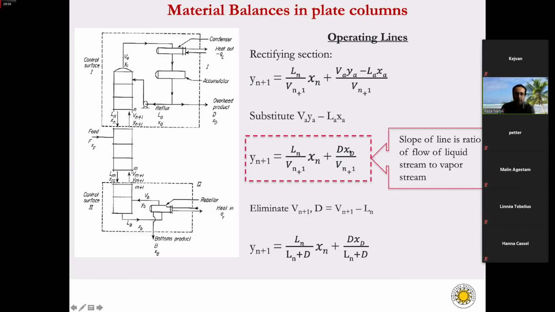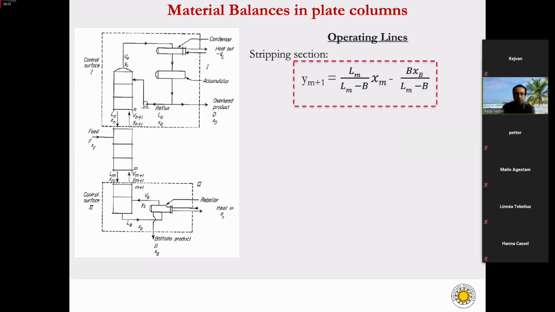Similarly, if you eliminate Vn plus 1 and write in terms of the flow rates, Ln over Ln plus D, or L over L plus D, gives you the slope of the operating line for the rectifying section, and D xD over L plus D gives you the intercept in the equilibrium vapor diagram.